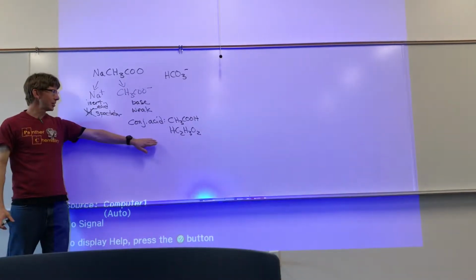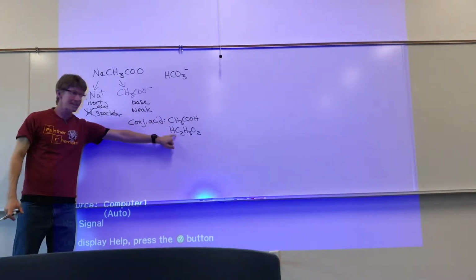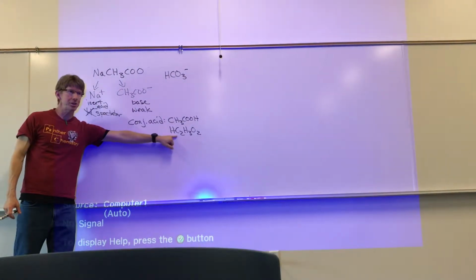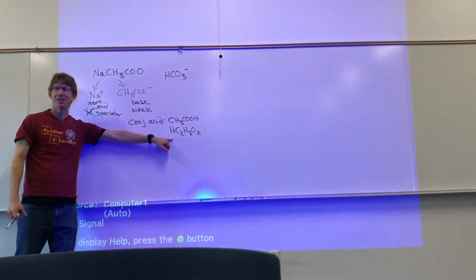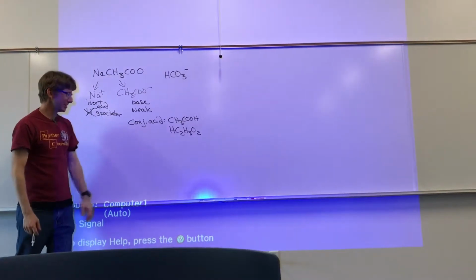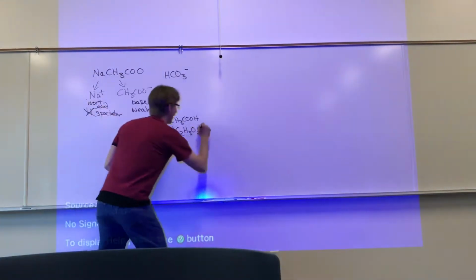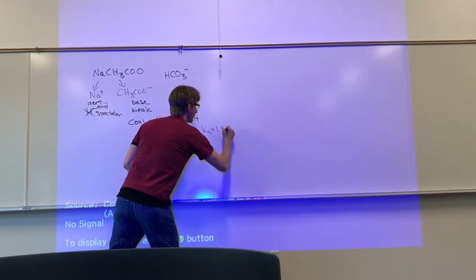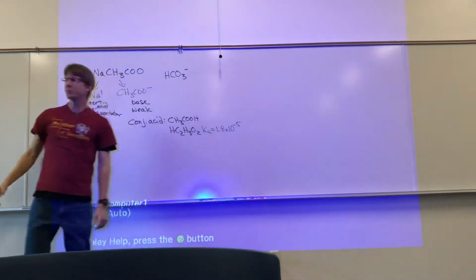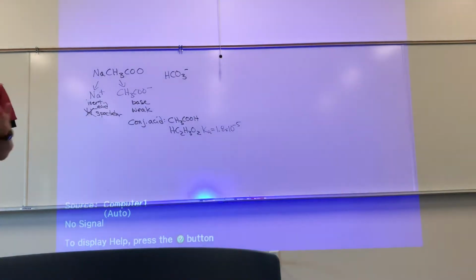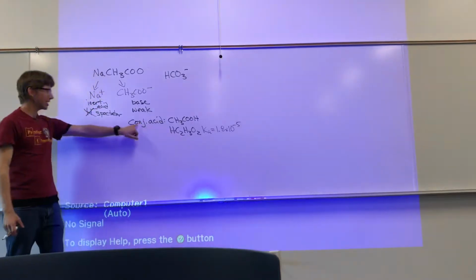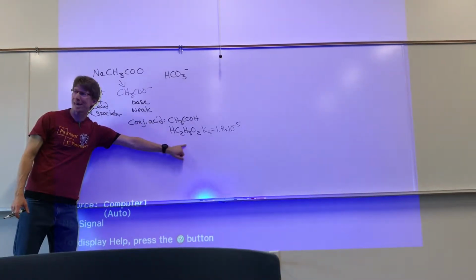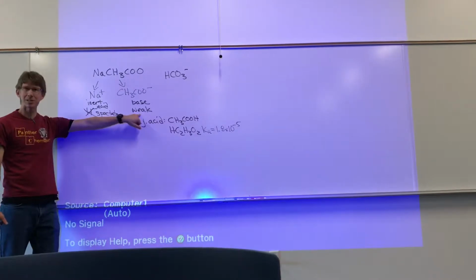All right, so where were we? This is on your equation and conversion sheet. It's in the Ka table. What I just said before I was so rudely interrupted by a loss of power, or loss of signal, we have power, we just don't have signal. So anyway, this has a Ka that's on your sheet. It is 1.8 times 10 to the minus fifth. And what you need to be able to do is not only find the Ka for the conjugate, prove that since this is a weak acid Ka, this is a weak base.